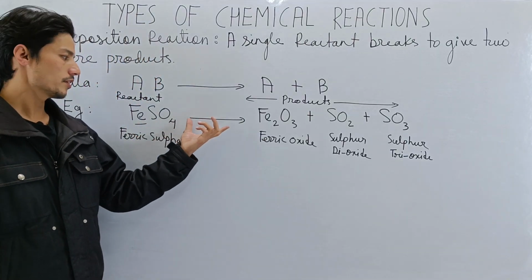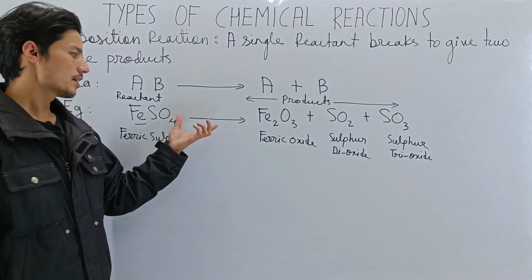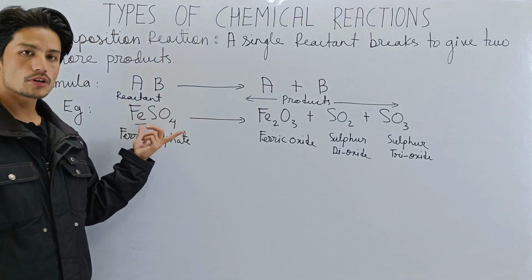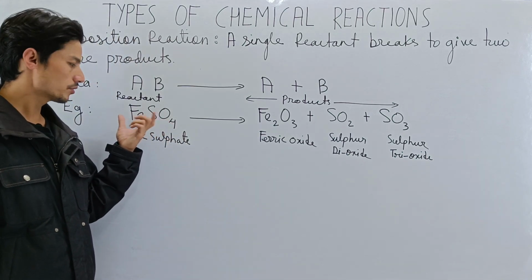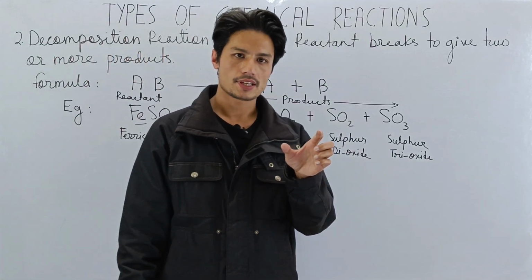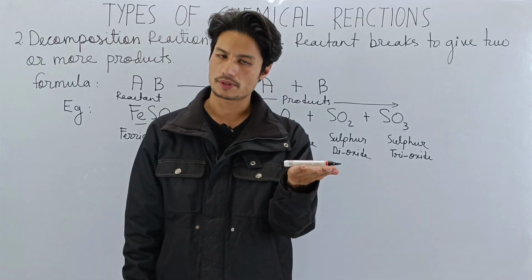So there is an agent, something worked on this. What is that? Here, this compound broke using heat energy. By itself, it will not break. If you want to break something, what do you do? If I give you a walnut and tell you to break it, just by holding it on your hand, will the walnut break?